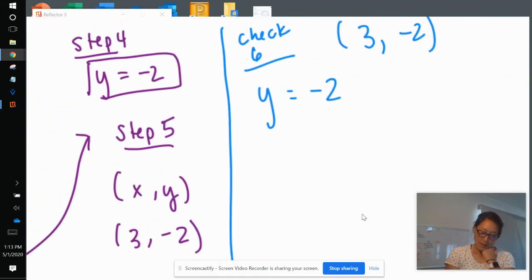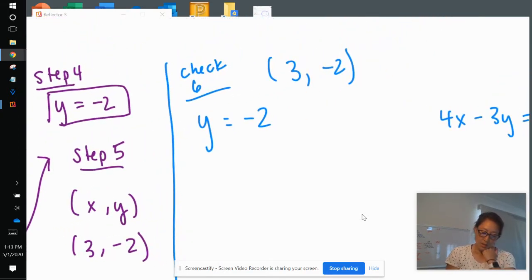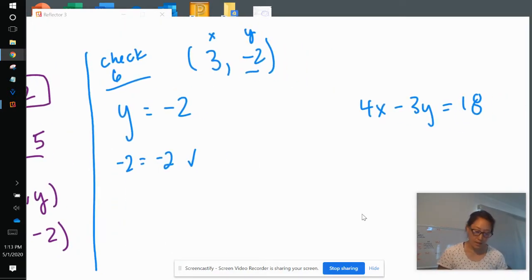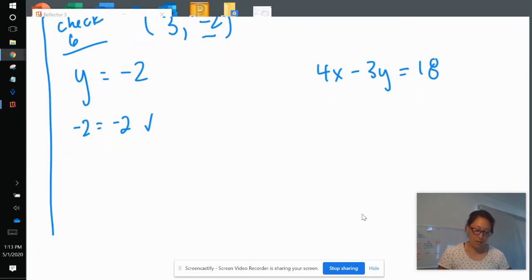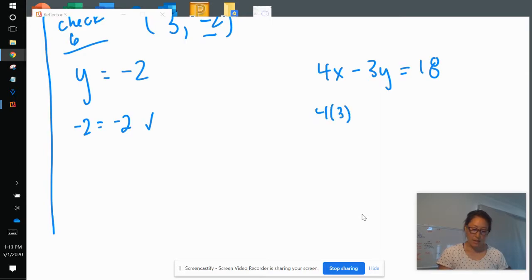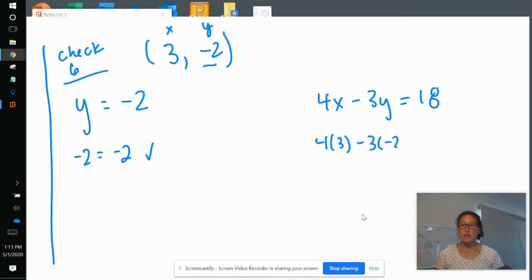Okay, so my x and my y, I'm going to go ahead and plug in y as -2 is equal to -2. That is true. It verifies. We're good to go. Okay, the next one, 4 times 3 minus 3 times -2, it needs to equal 18. If it doesn't equal 18, then I have to go back and redo the problem. Okay, so 12 minus 3 times negative 2, which is plus 6, is equal to 18.